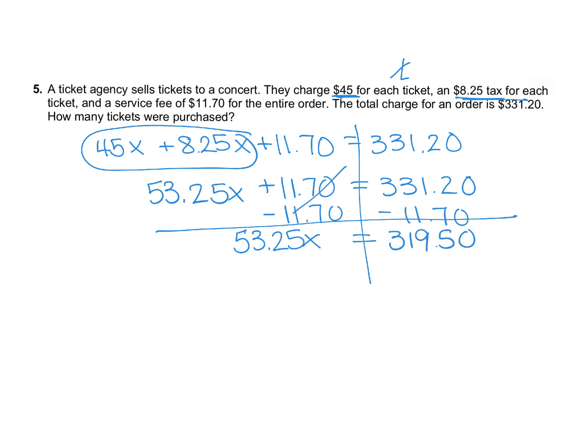All right, so now we'll divide. And we're going to have then x is equal to 6. So that means that we would have purchased 6 tickets.